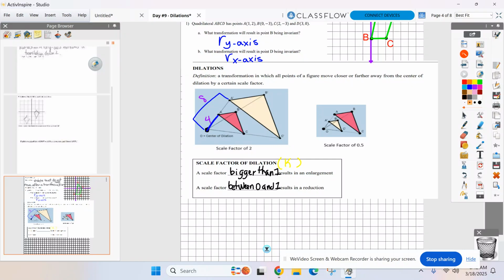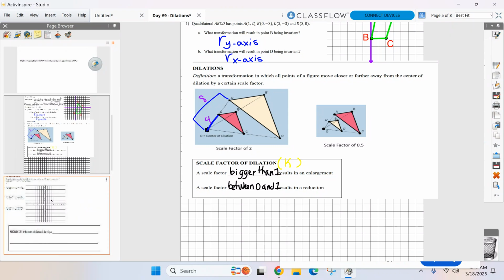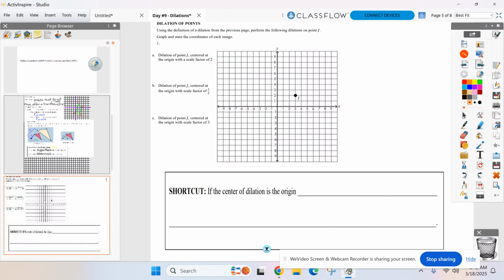That's what I want you to pick up today. Guys, points cannot get physically bigger or smaller, but they can get further away or closer to the center. Let's actually dilate now.